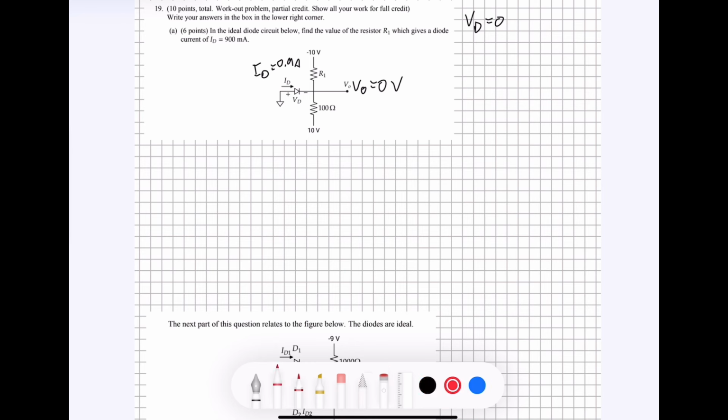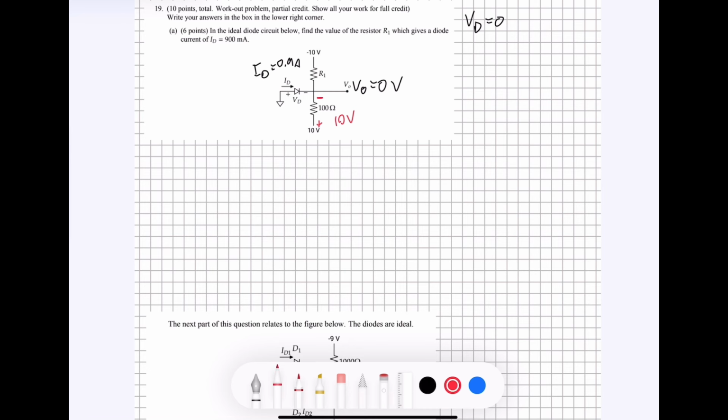So in order to find the current going across this lower resistor right here, we've got to know that the voltage drop from here to here is 10 volts. It's exactly the same because this is the ground here and this is at 10 volts. It's going to be 10 volts because 10 minus 0 is, of course, 10.